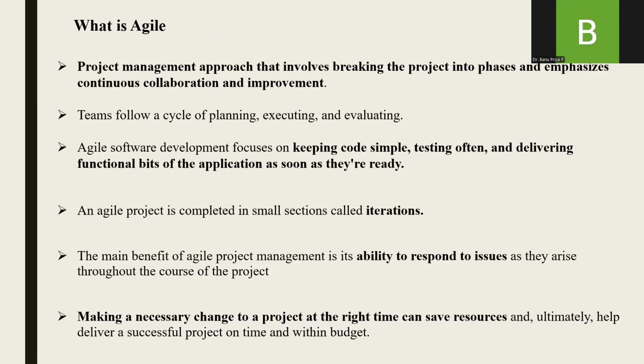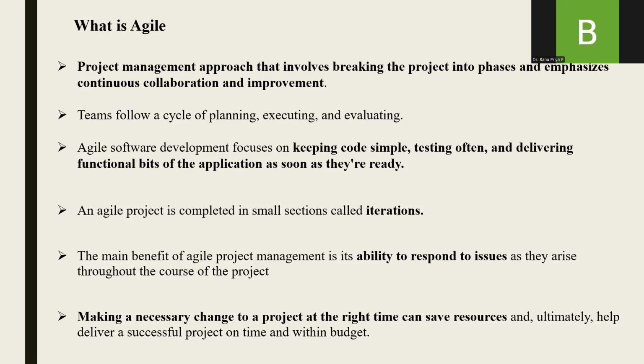Then what is Agile? It is a project management approach that involves breaking the project into phases and emphasizes continuous collaboration and improvement. The team always follows a cycle of planning, execution, and evaluation. Not only one step, it is a cycle.